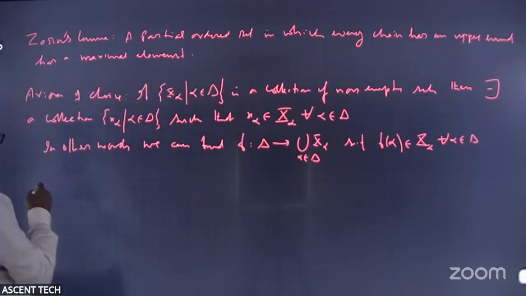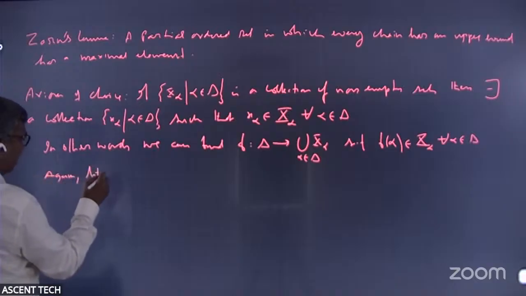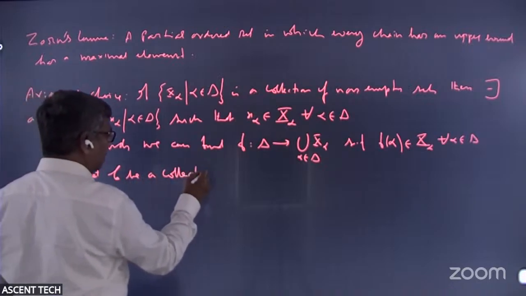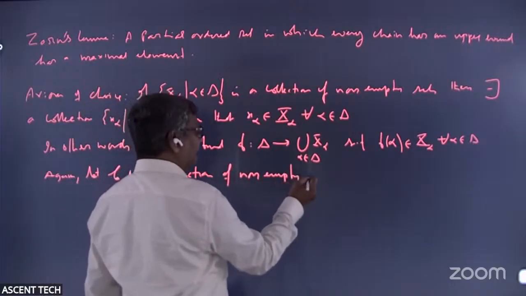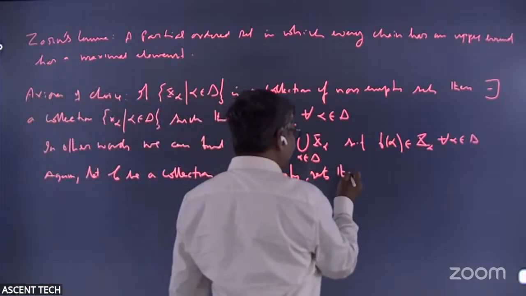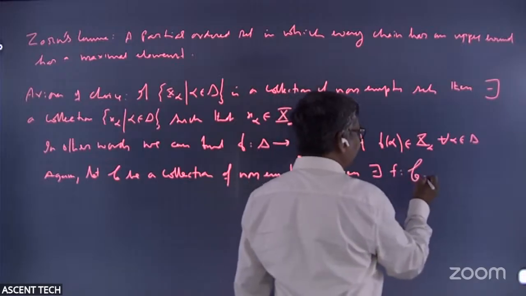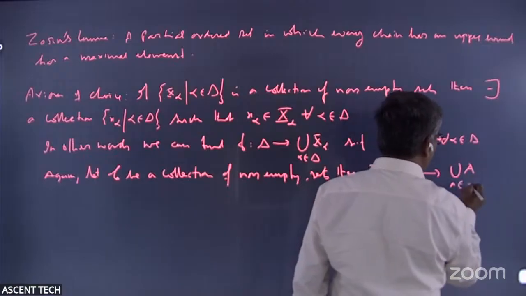I will rewrite in another way. Let C be a collection of non-empty sets. Each set is a non-empty set. Then we are saying that there exists a function f from the collection itself to the union of all members of that collection.